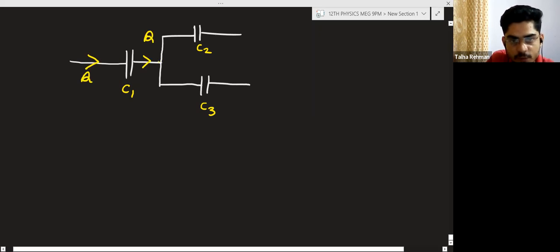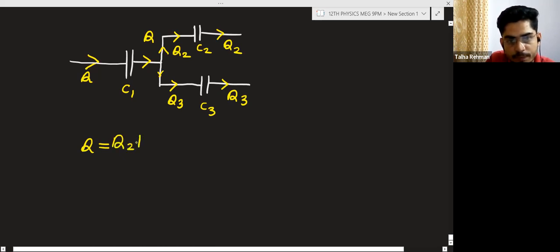But from this point, there are branches, so here the charge will be different. Here the charge will be Q2, and here again Q3, and Q is equal to Q2 plus Q3. I am supposing it Q1.